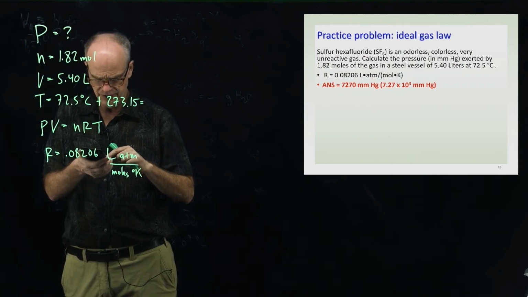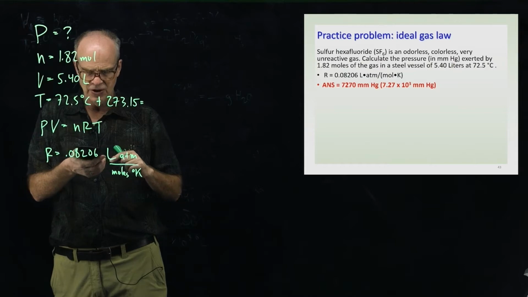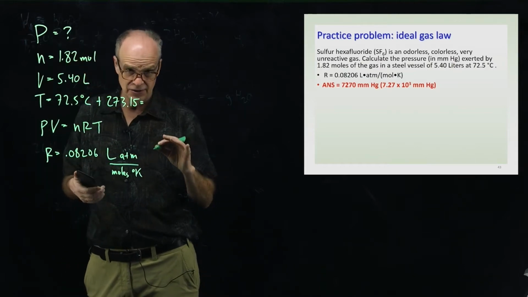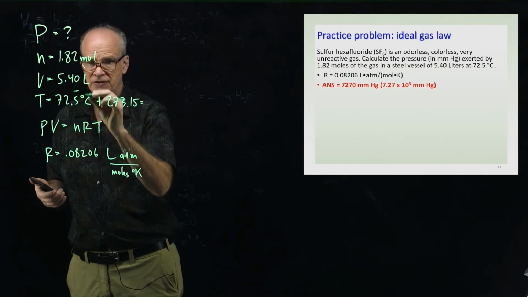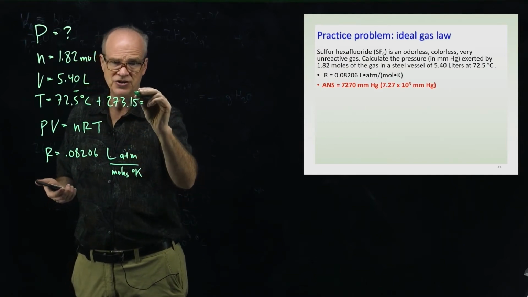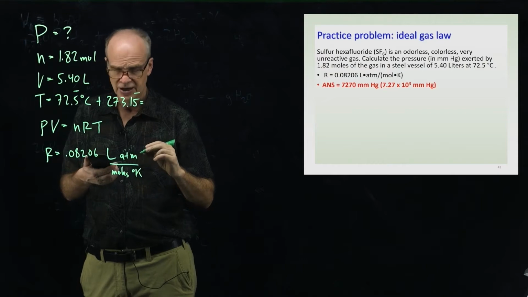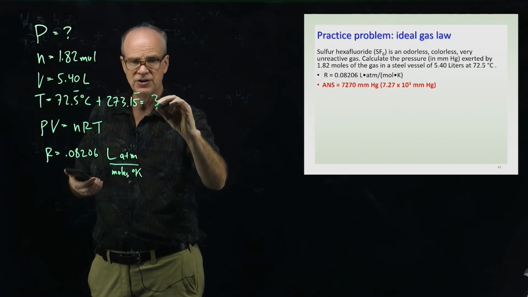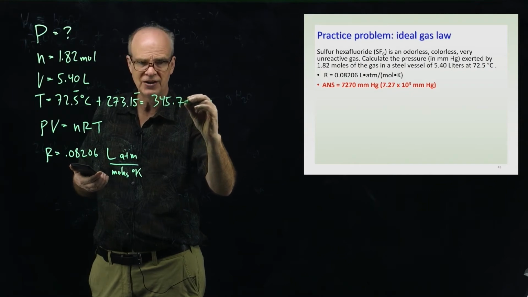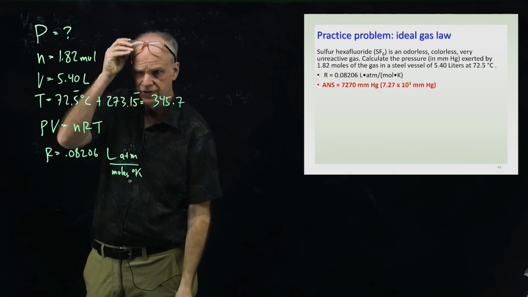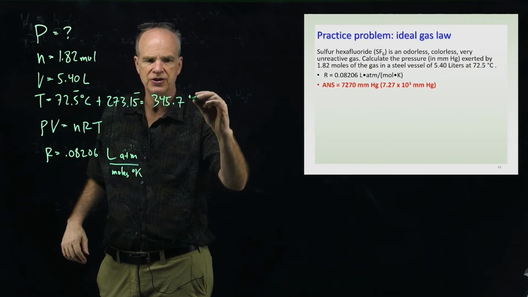I get 345.65 on my calculator, but note the uncertain digit in 72.5 is here, the uncertain digit in 273.15 is here, and so this is going to be 345.7 rounded to the correct number of significant figures, in degrees Kelvin.